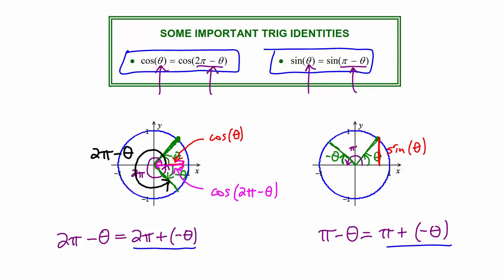And if we do it properly, the vertical coordinate here, due to the symmetry of the circle and the definition of the sine function, the sine of pi minus theta is exactly the same value as the sine of theta. All right, and that takes us through these identities.